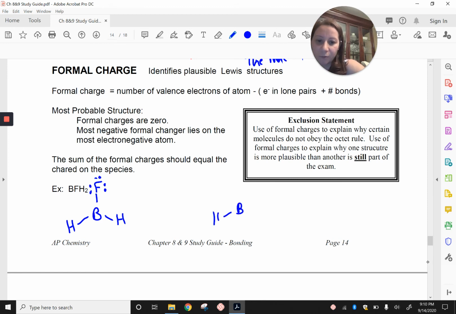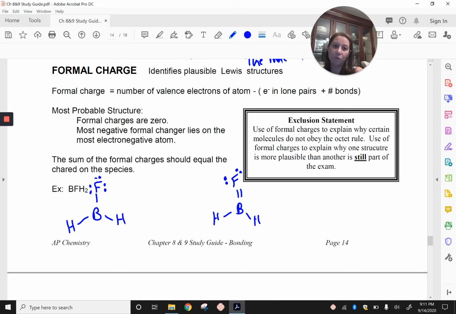There's my boron with the 2 hydrogens, and then I'd make a double bond with the fluorine, which now has 2 lone pairs. So I've drawn the same number of total available electrons, but I've made my boron have an octet. So which one is the correct structure?